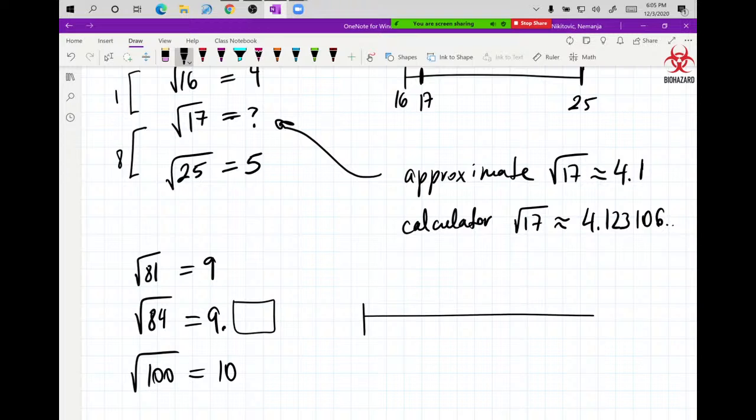And now you have the same idea as before. You start at 81, eventually you get to 84, and 100 is all the way on this side. So there are 16 units difference here, and there are 3 units difference there. So how about we call this about 9.2, and see in the calculator.